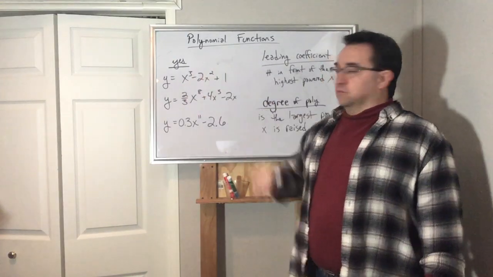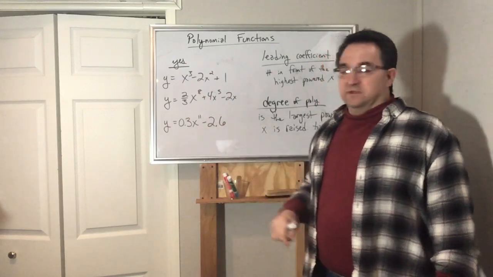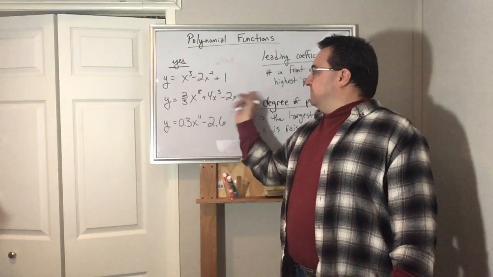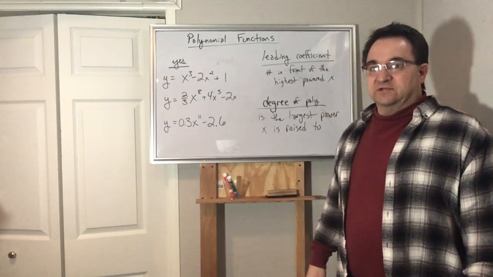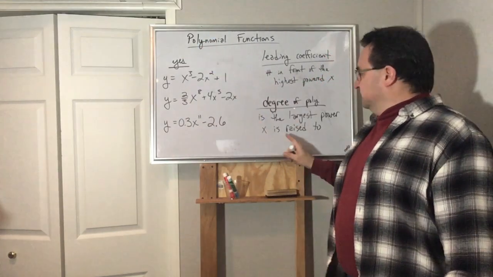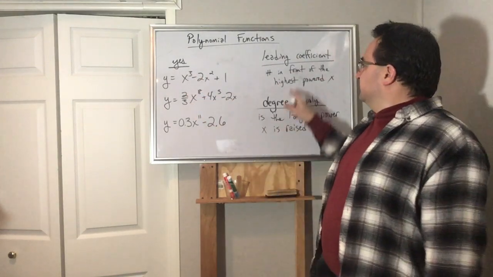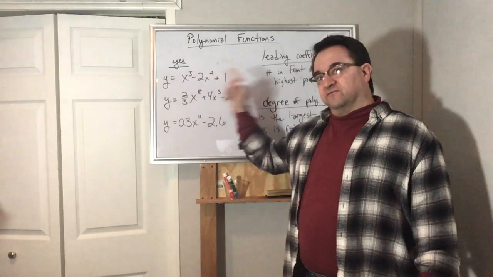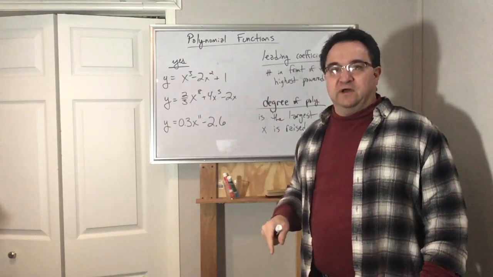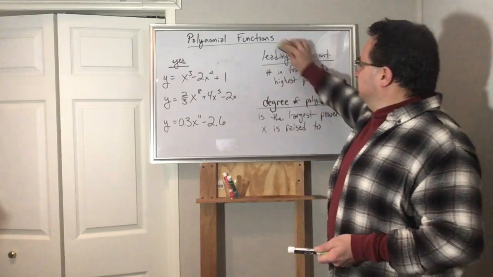So this one is degree 3, this one is degree 8, this is degree 11. It does not matter what any other x's are raised to. This is the dominant term, and all we care about for degree is the power of that, the highest power, and the leading coefficient is the number in front of the x for that highest powered term. Okay, so that's the vocabulary.